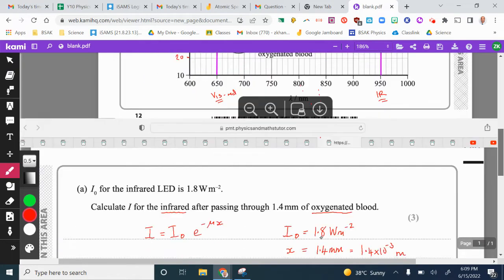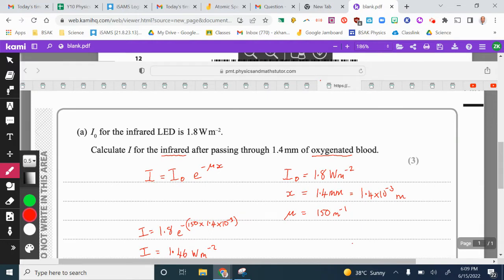Here we have the initial intensity, we've been given the distance of 1.4 millimeters, and we want to find mu. If you read carefully, it says for infrared and oxygenated blood.